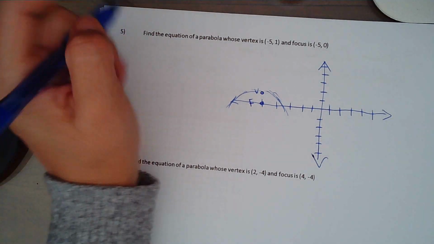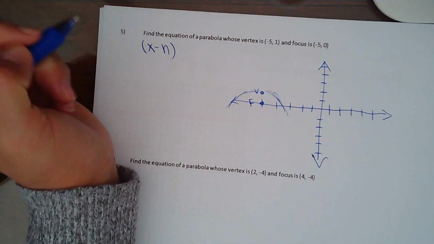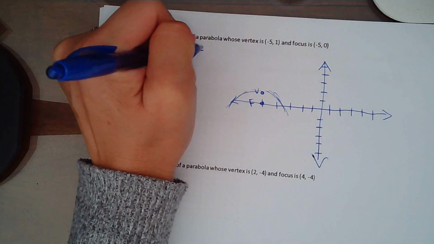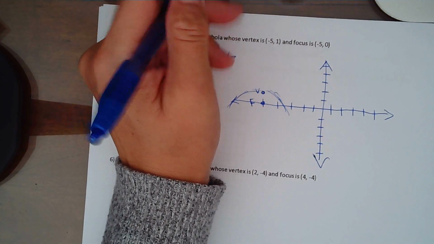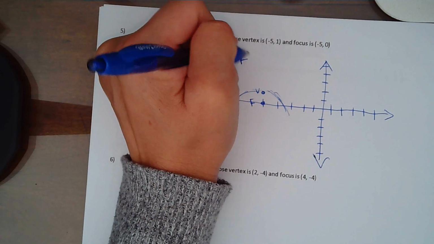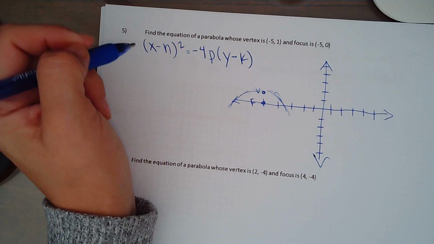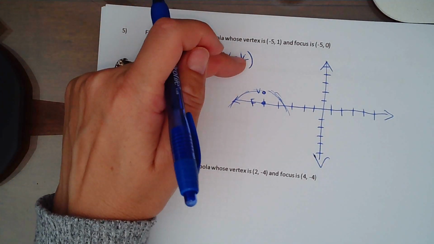So we know that we're going to use the equation x minus h, x comes first, right? Because it opens downward, squared, equals negative 4p, negative because it's opening downwards, y minus k. Okay, and then what we're going to do is we need to figure out what our x and our y are.